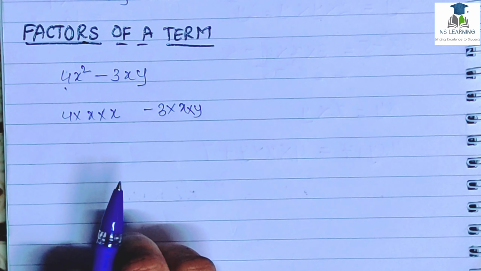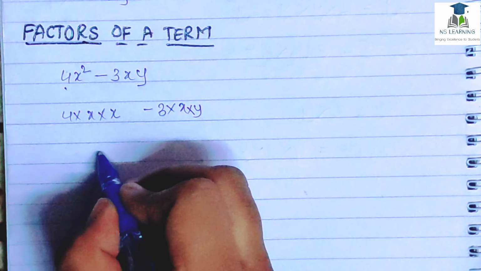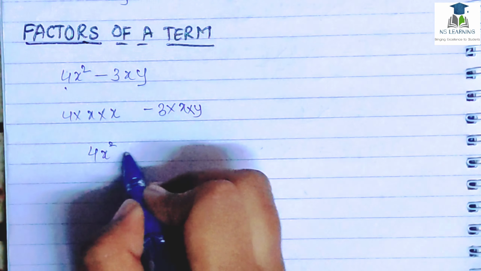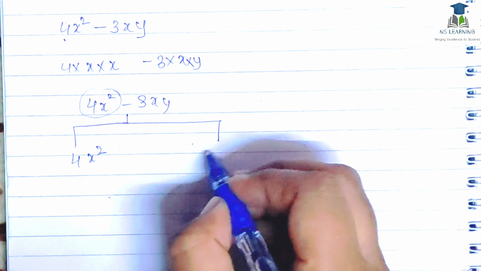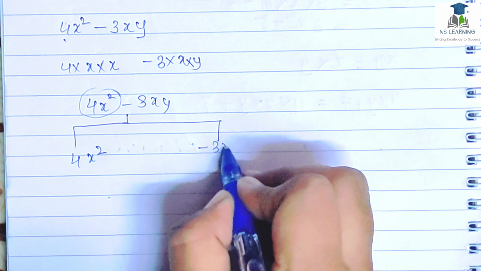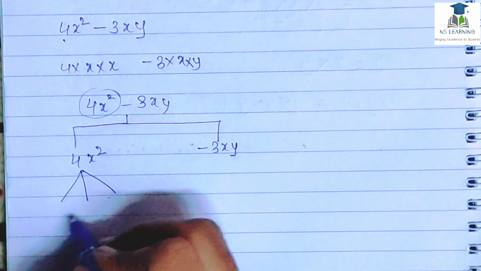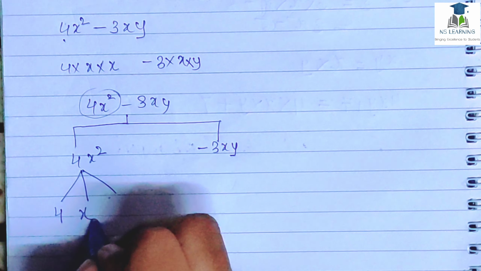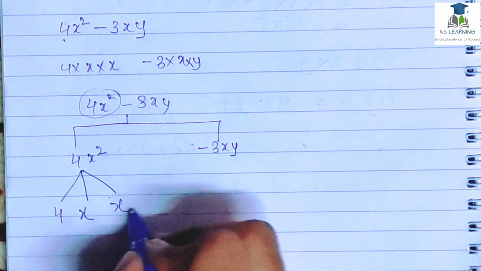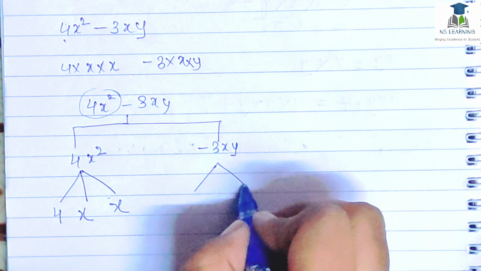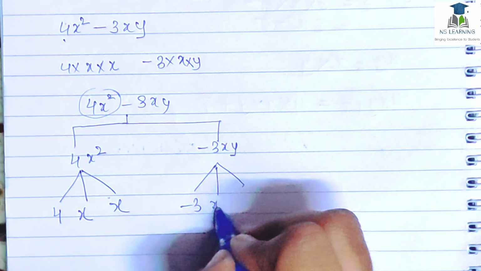So we can write the expression 4x square minus 3xy in the form of terms. The first term is 4x square and the second term is minus 3xy, and the factors of the first term are 4, x and x, and the factors of the second term are minus 3, x and y.